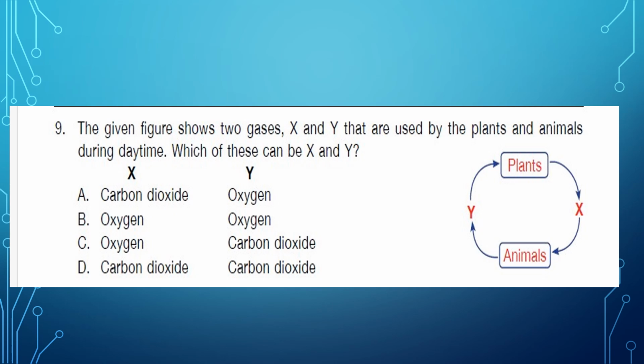Plants give out oxygen in the daytime and animals consume oxygen in the daytime, and animals give out carbon dioxide in the daytime and plants consume carbon dioxide in the daytime. So X is oxygen and Y is carbon dioxide. So our answer is option C, where X is oxygen and Y is carbon dioxide.